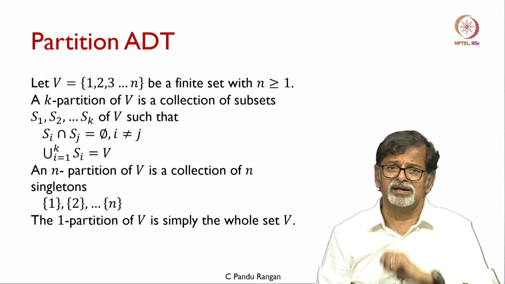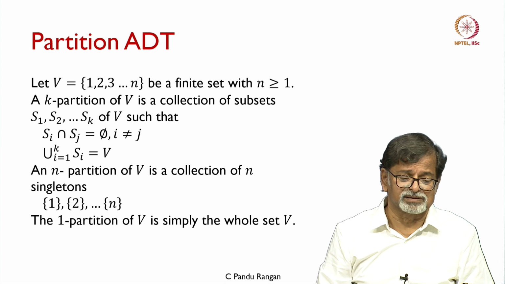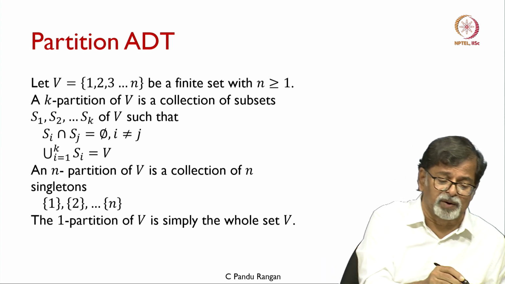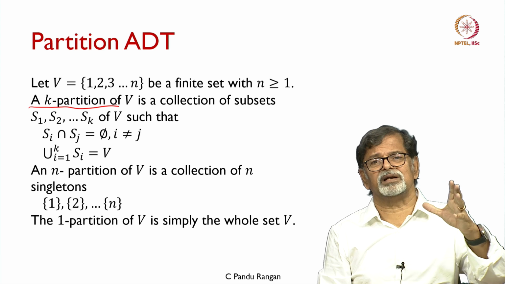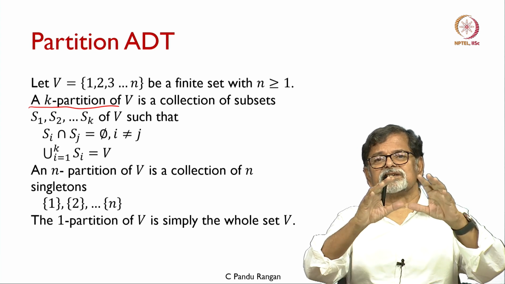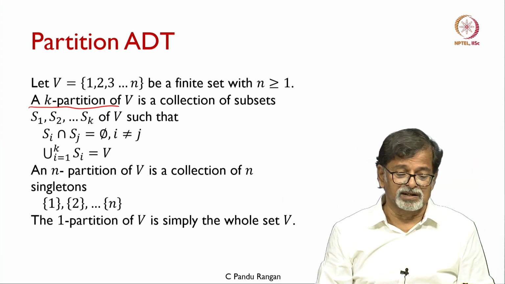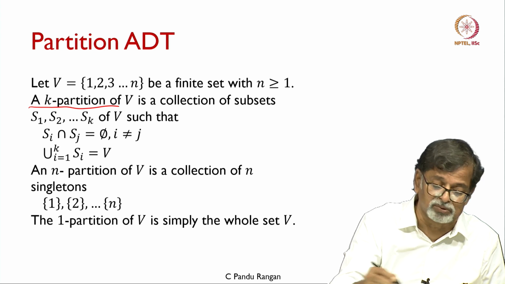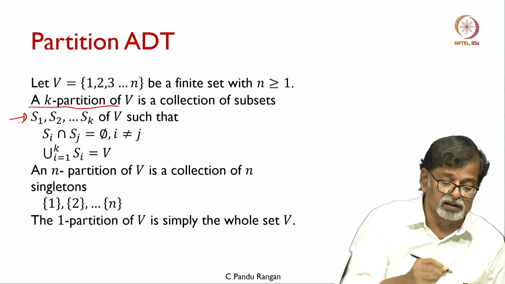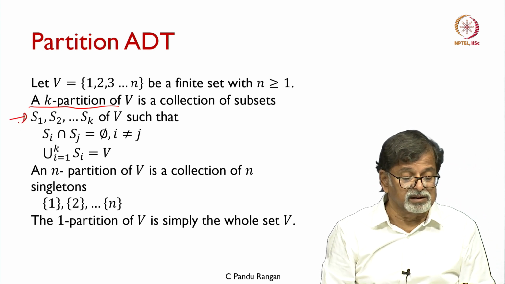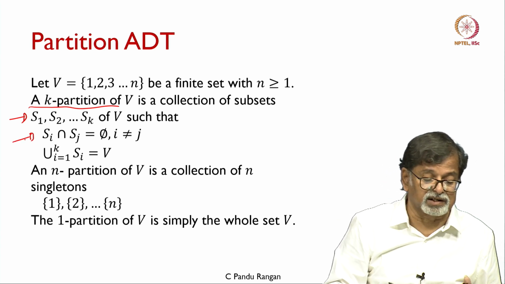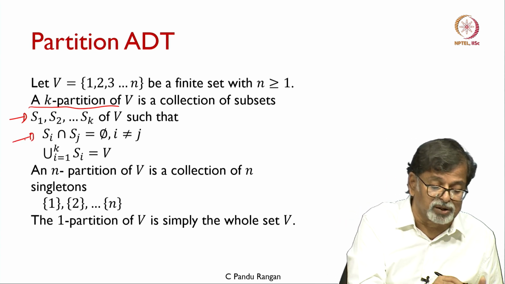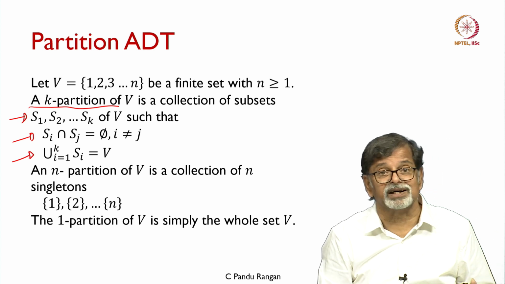Here is the formal definition of partition. What is a K partition? By K partition, what we mean is splitting a set into K parts. Therefore, you are splitting V into S1, S2, ..., Sk, and they are disjoint. So, Si intersection Sj is empty, and together they form the whole set.